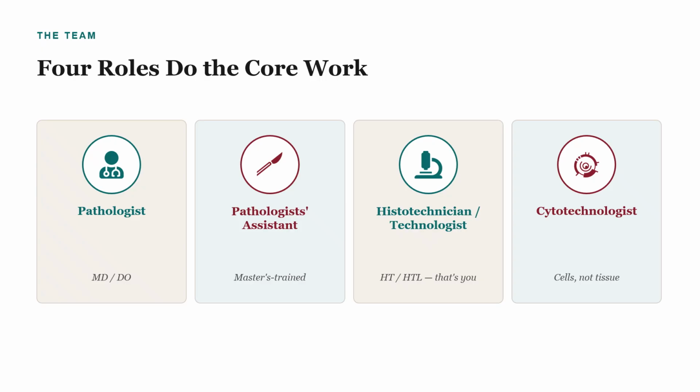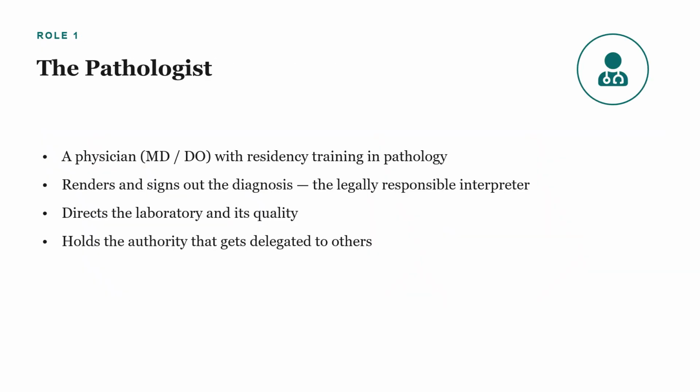Let's take each role one at a time, starting with the pathologist, because it's the pathologist's authority that everything else is ultimately measured against. As I said, the pathologist is a physician, an MD or DO, with years of specialized residency training in pathology.